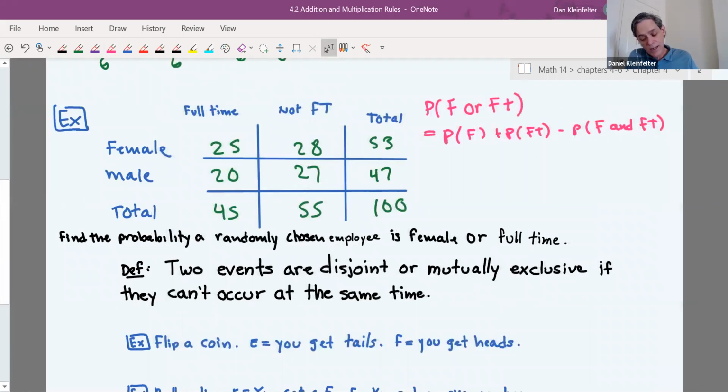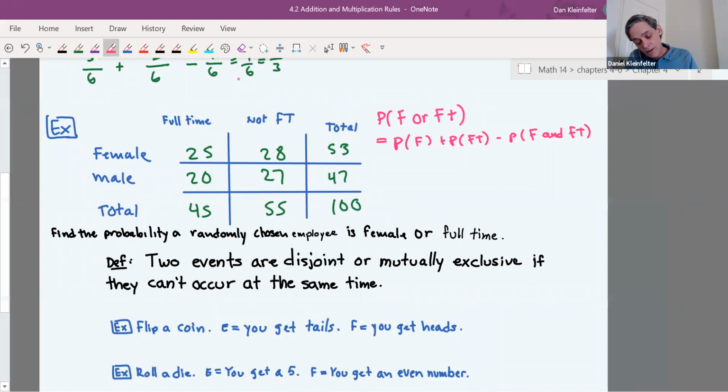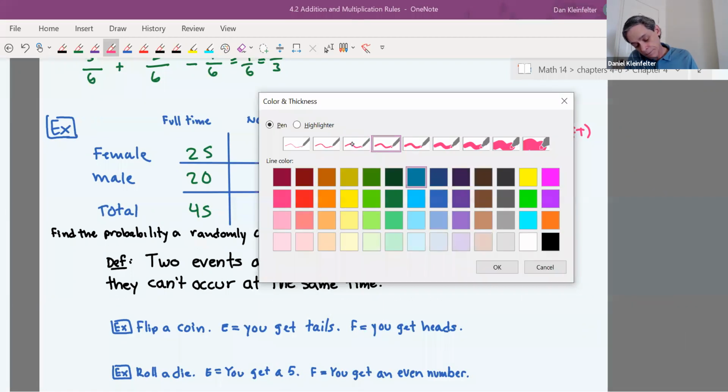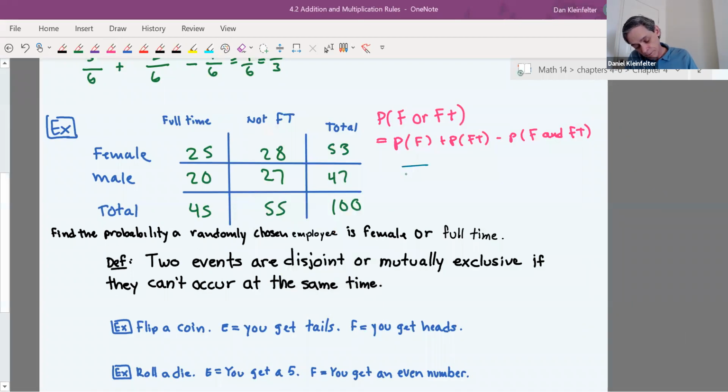Okay, so let's see. Out of the 100 employees there, how many are female? There are 53 total females. And then out of the 100 employees, how many are full-time? There are 45 full-time employees.